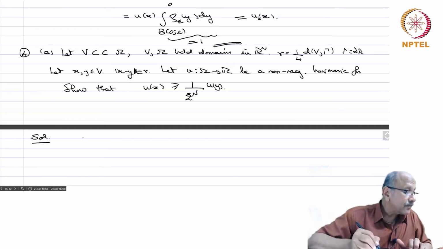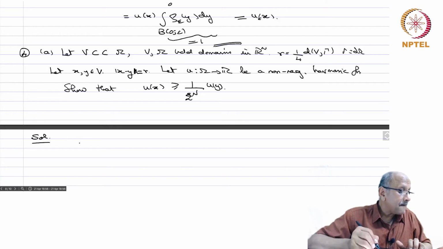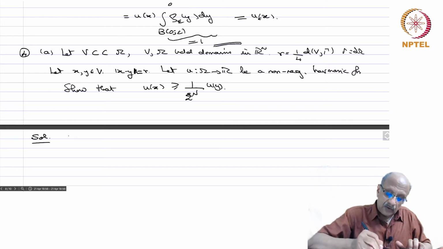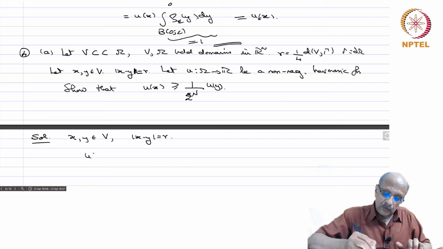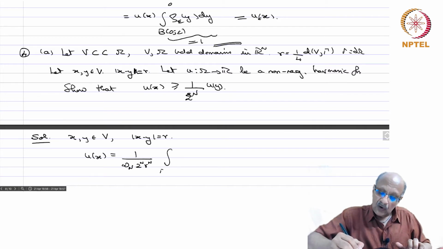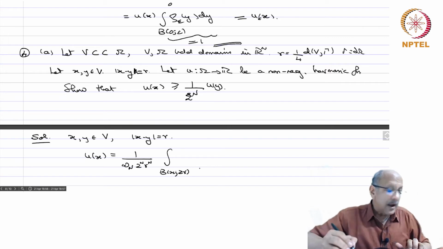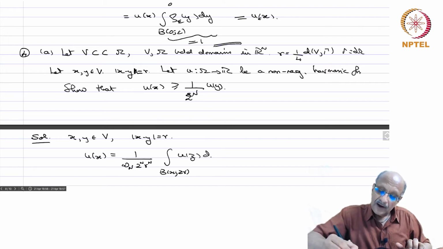So, solution. We have x, y in V, mod x minus y equal to R. Now u is harmonic, so u of x is equal to 1 by omega n 2 power n r power n, which is the volume of the ball of center x, radius 2r, times the integral of u of z dz.